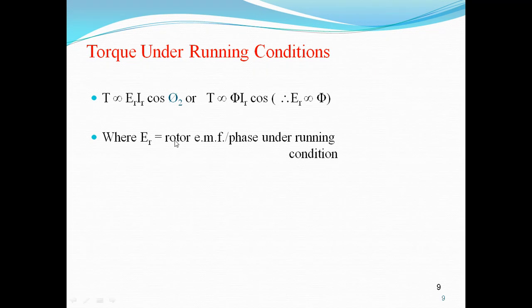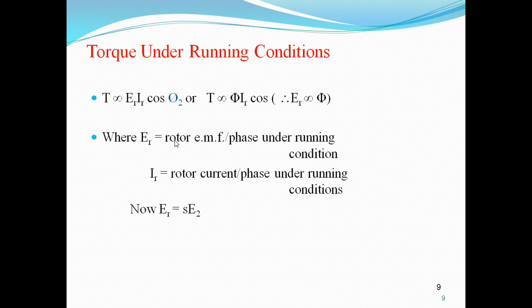Er is the rotor EMF per phase under running condition, and Ir is the rotor current per phase under running condition. Er is equal to s into E2. Ir is equal to Er by Zr, that is equal to sE2 by square root of R2 square plus (sX2) whole square.